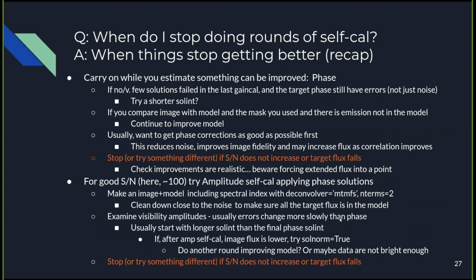If you have a point source, then there's no point just carrying on doing self-calibration with the same solution interval and the same point, because nothing's going to change. And usually we get the phase solutions as good as possible first, because the causes of amplitude errors change more slowly, but you need more signal to noise for amplitude self-calibration.